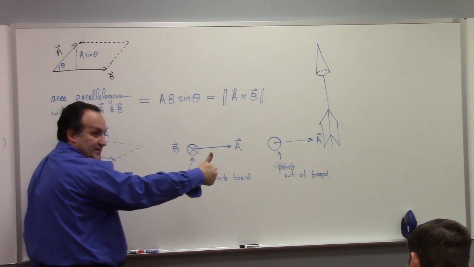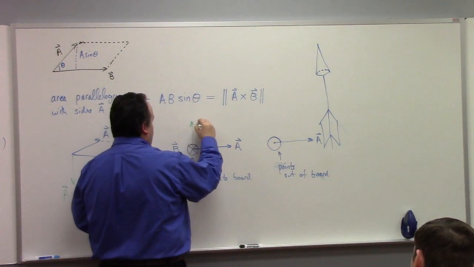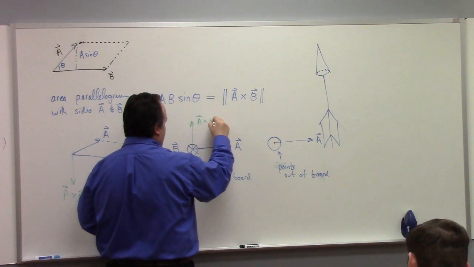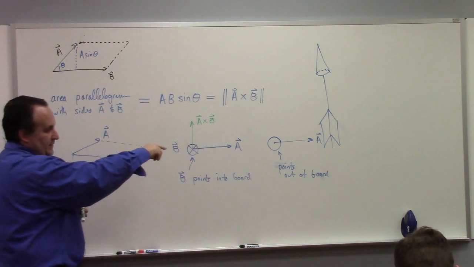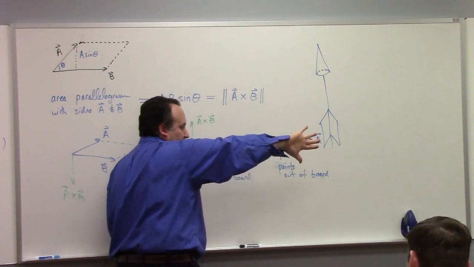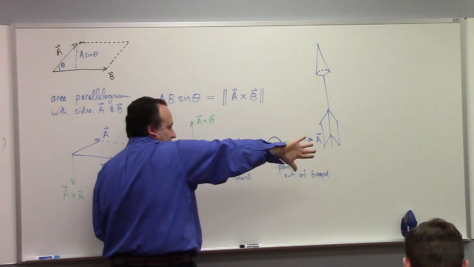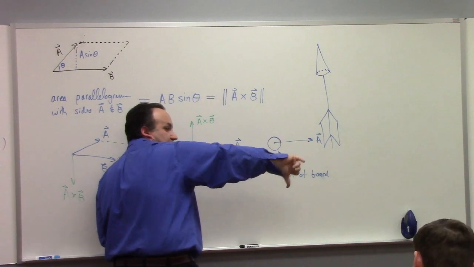So A cross B is up for this one. In contrast, for that one, I point my fingers in the direction of A, and B is out of the board, my bad. So to go out of the board, just like it already is, thumb's pointing down.